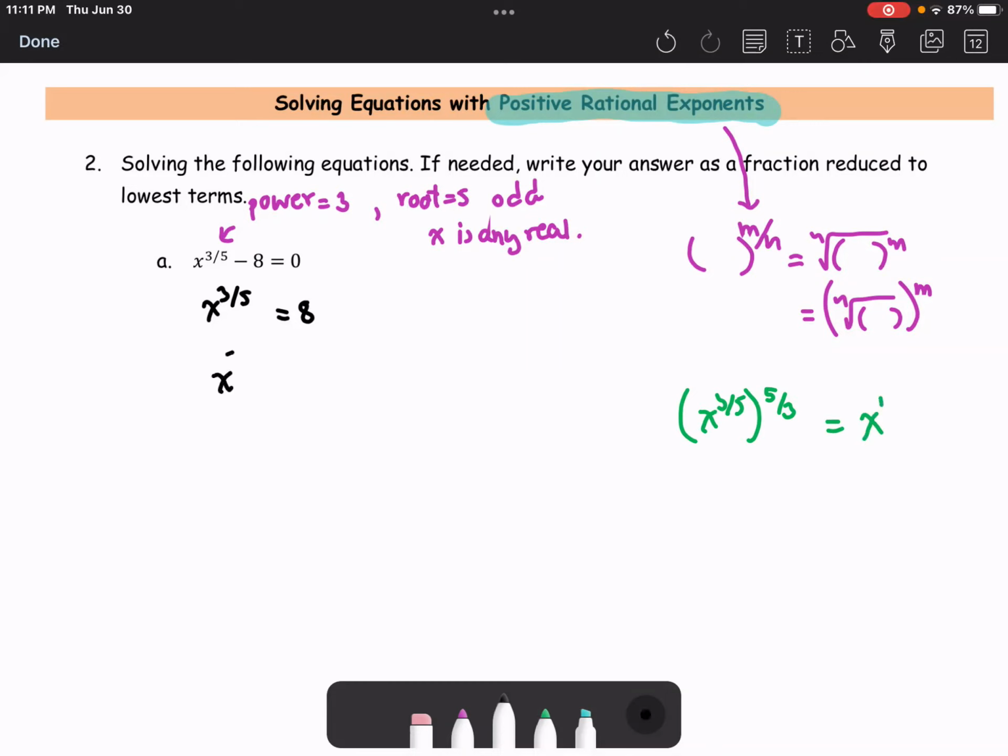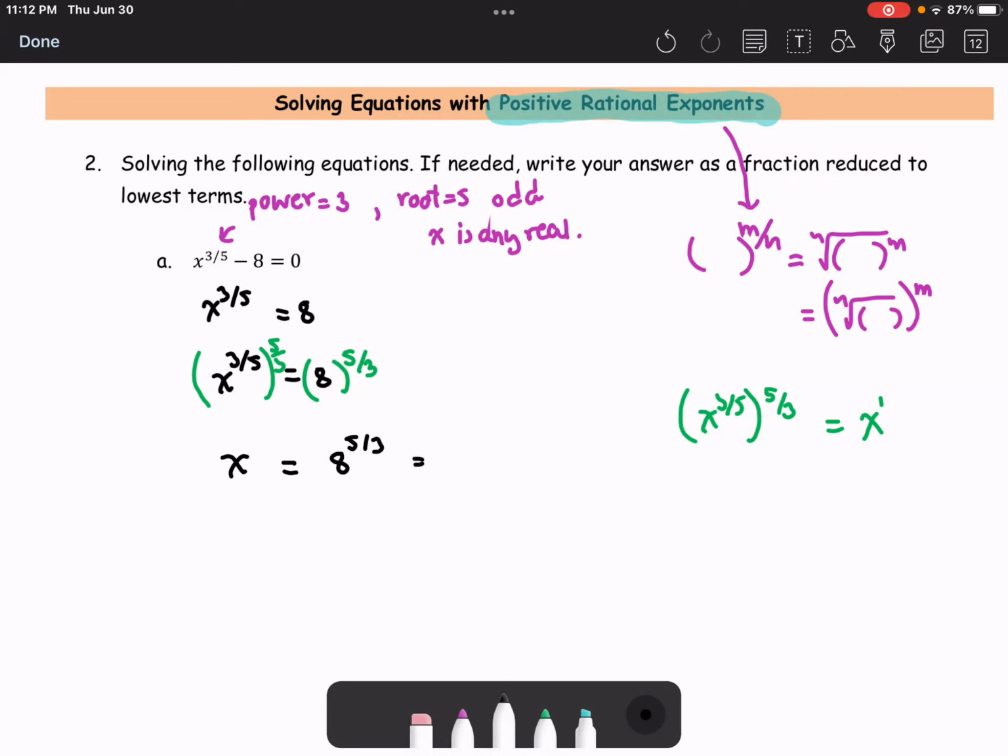We write the original term here and then raise both sides to the power 5 over 3. So the left hand side becomes x to the first power, or just x. And the right hand side is 8 to the power 5 over 3.